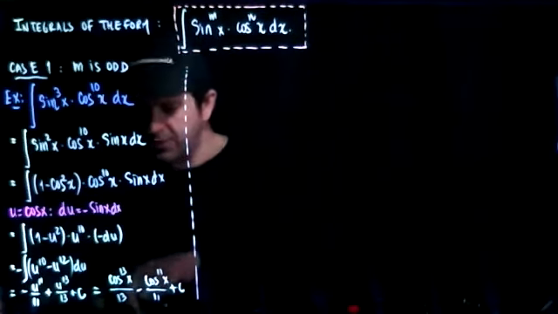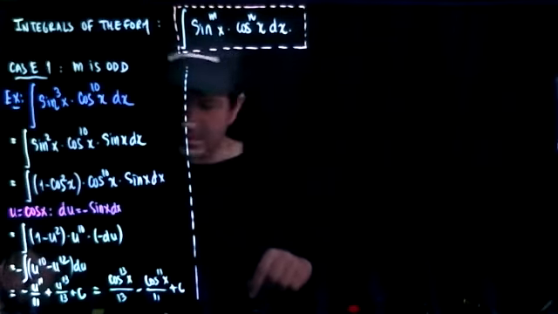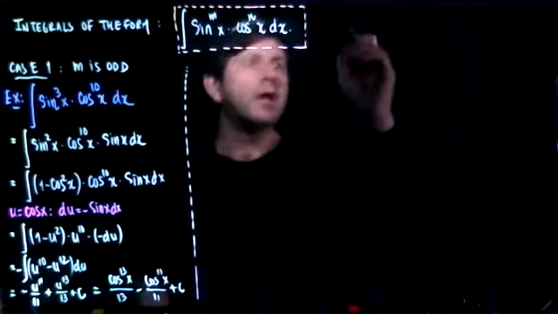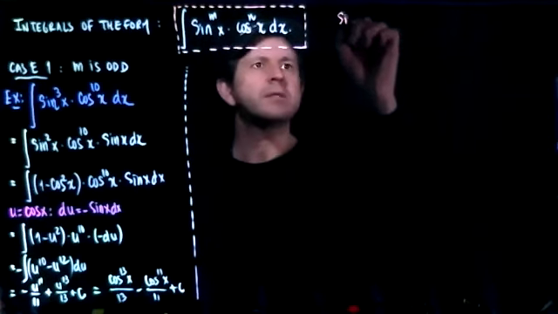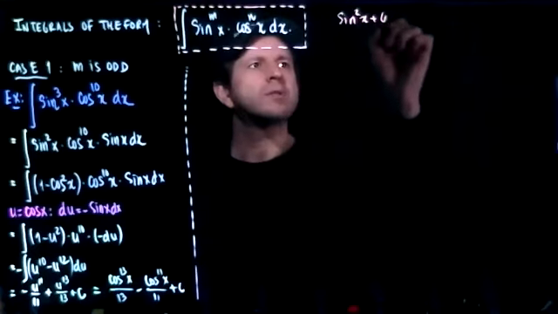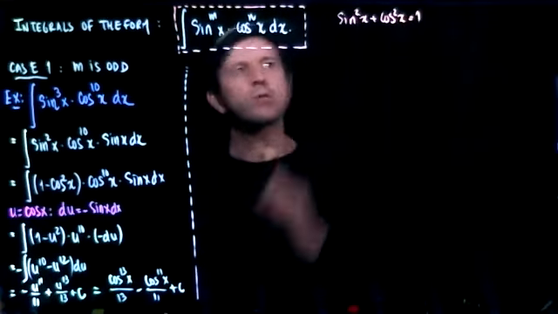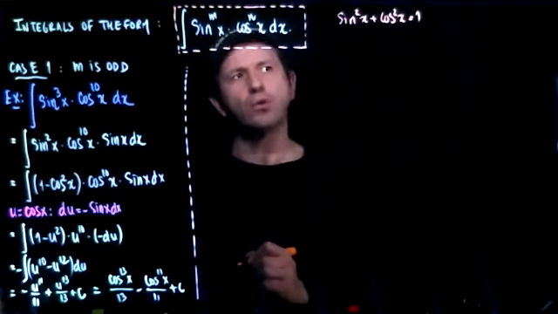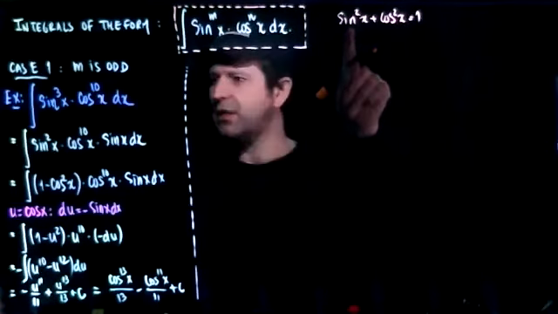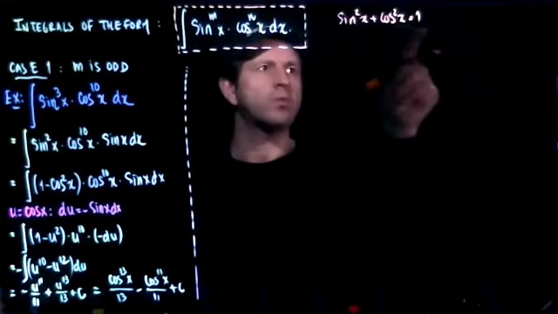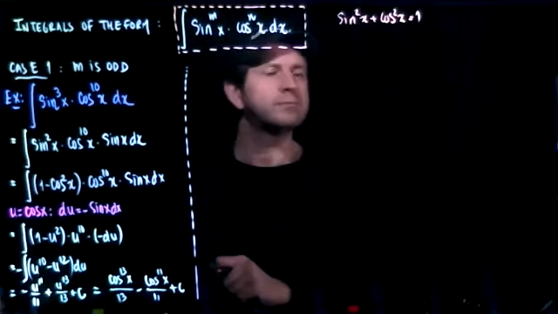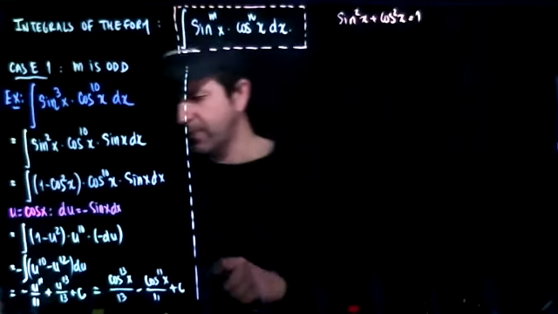There's an identity that tells you that sine squared x plus cos squared x is equal to 1. If you isolate sine squared, you get 1 minus cos squared. Okay, thank you.